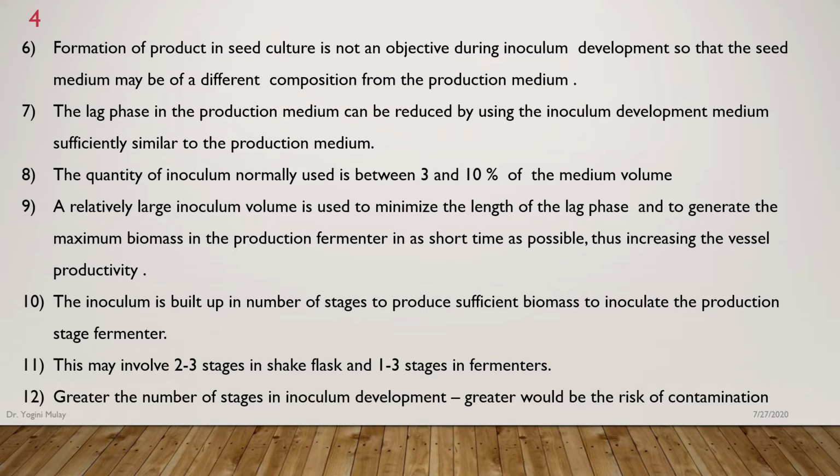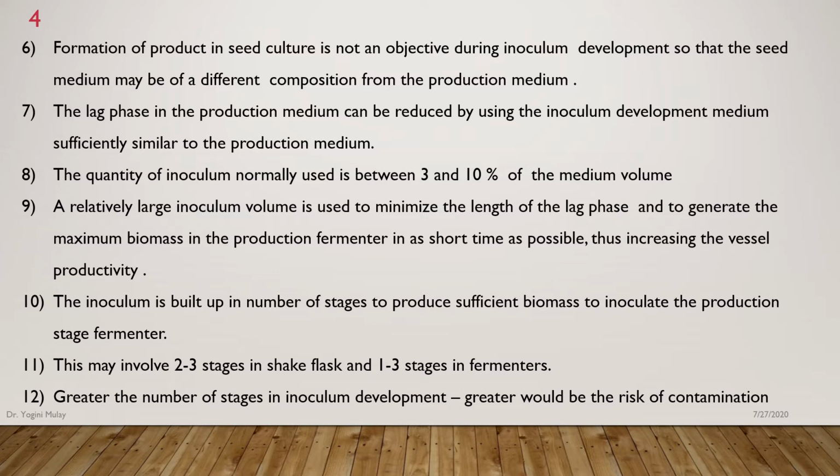Okay. Generally, the quantity of inoculum used is between 3 to 10% of the medium volume. If your medium is 100 ml, then you should use 3 to 10 ml of inoculum, and in that way, as you keep on increasing the medium volume, you should accordingly increase the inoculum size.